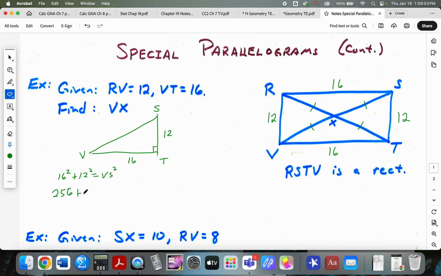Plus 12 squared, 144, is VS squared. Add those together, that's 400. What's the square root of 400? 20. So VS is 20. So how long is VX?